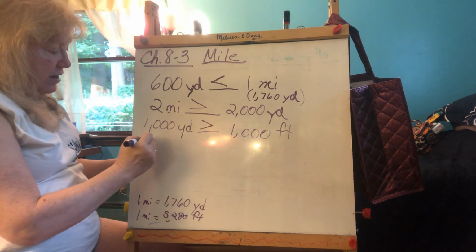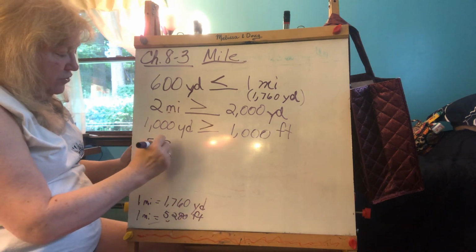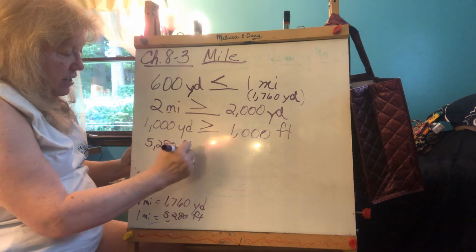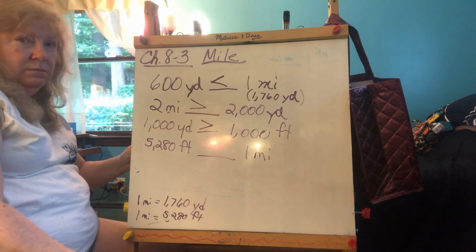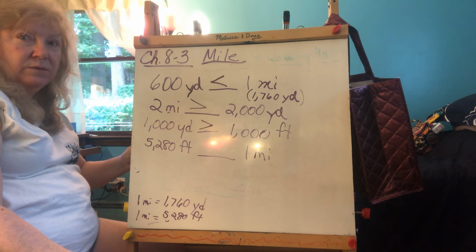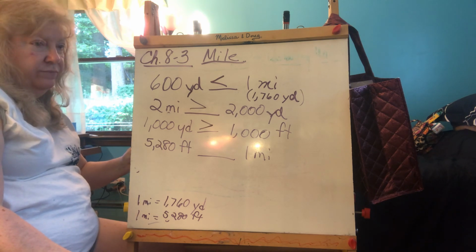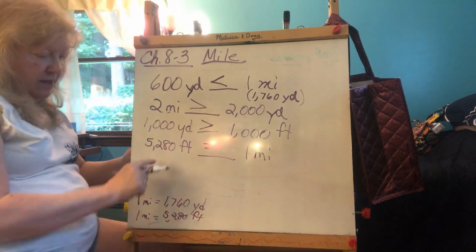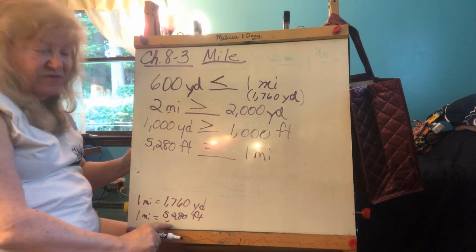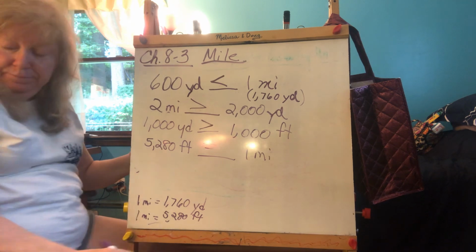What about if I had 5,280 feet and I'm comparing it to 1 mile? Greater than, less than, or equal to? Use your notes. Right. Equal. Because that's what 1 mile equals, 5,280 feet.